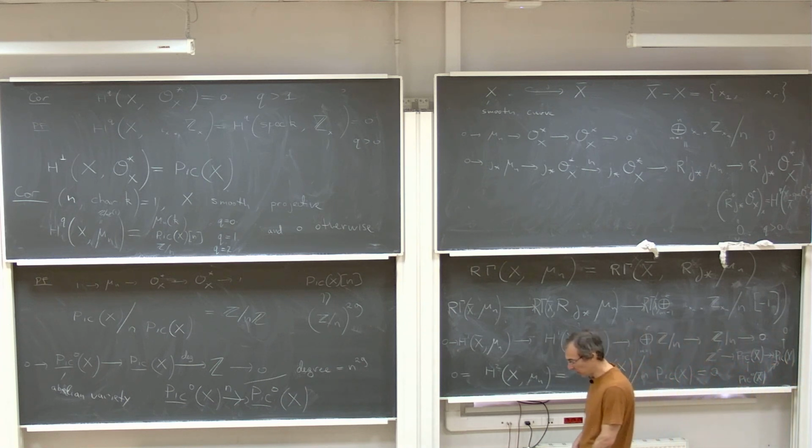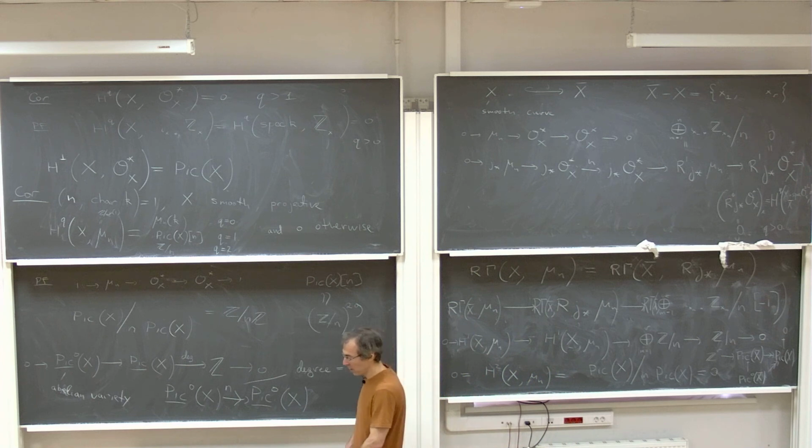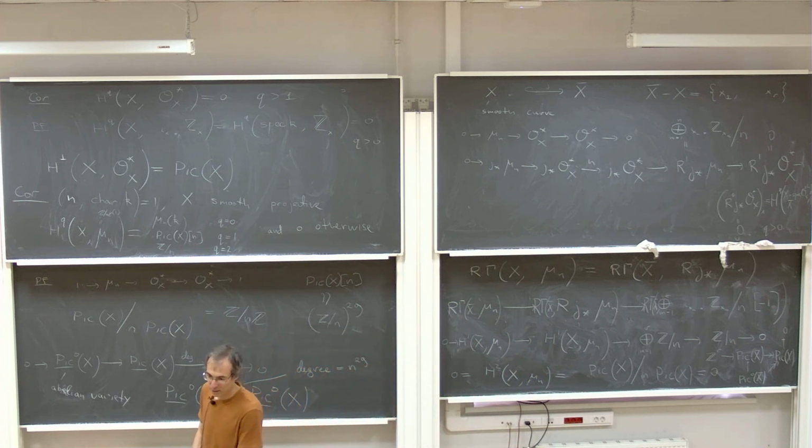You want to compute, for example, cohomology of mu n. The first problem is that mu n is not quite an étale sheaf on Spec Z. You have some problems over prime numbers which divide n.